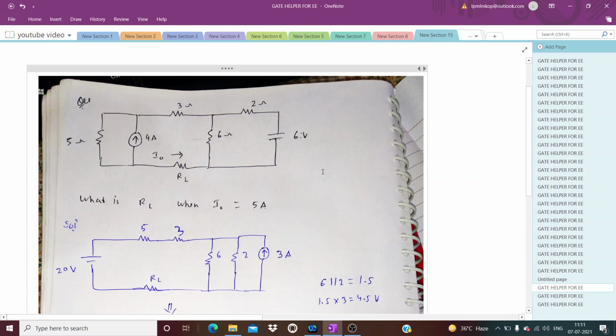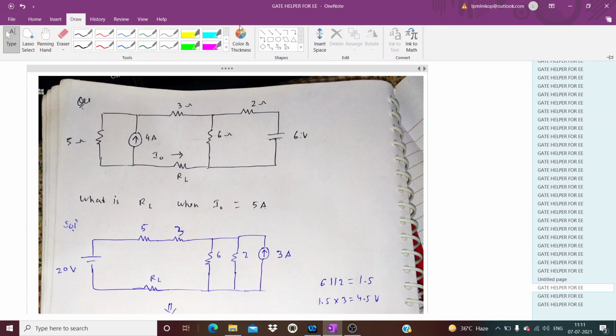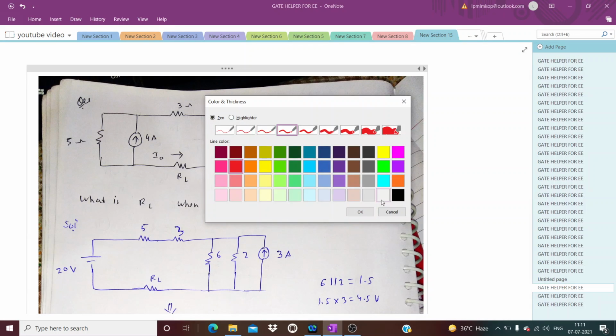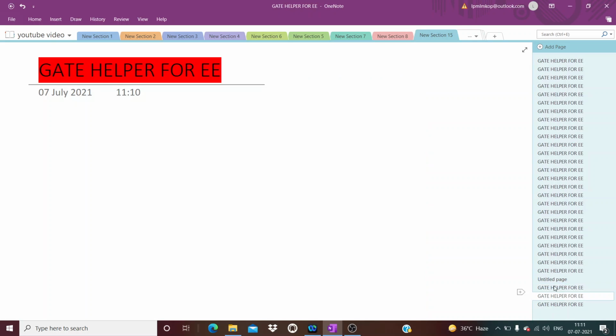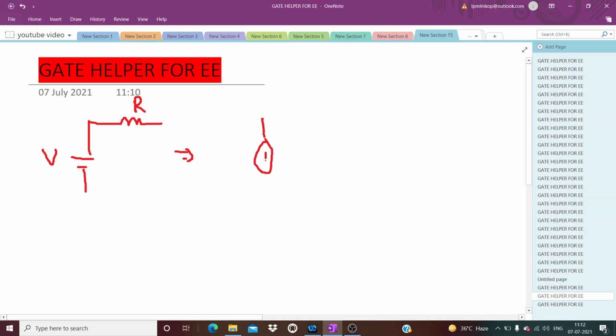Before explaining how we have to do it, I will try to explain the basics which we use in solving such questions. Suppose we have a voltage source and a resistance connected in series with it. Then we can replace this circuit by a current source with a resistance in parallel.